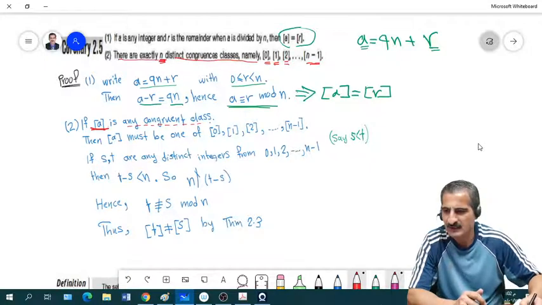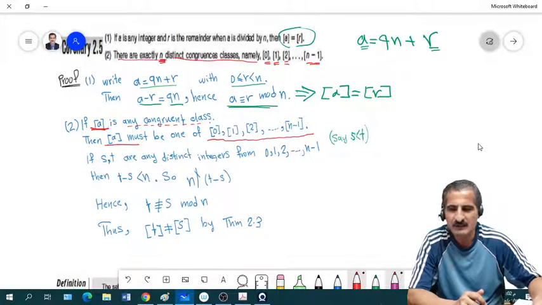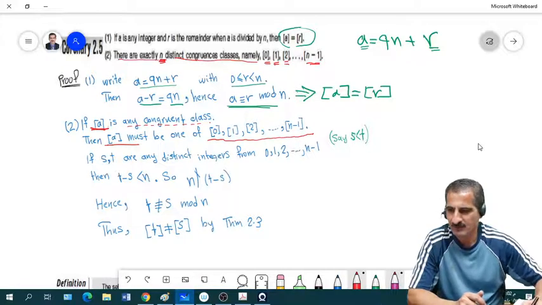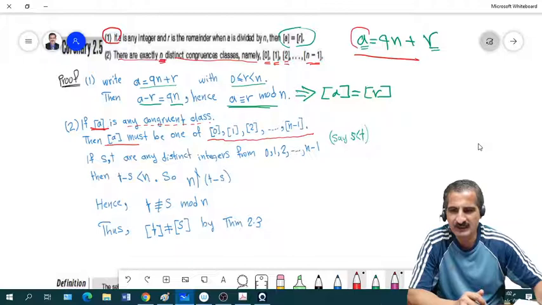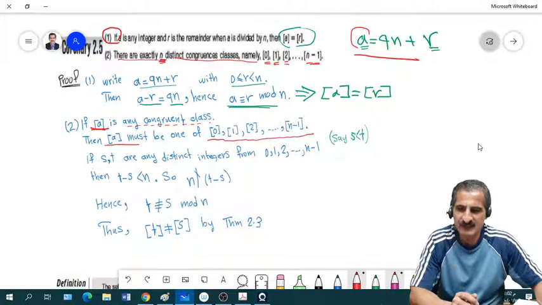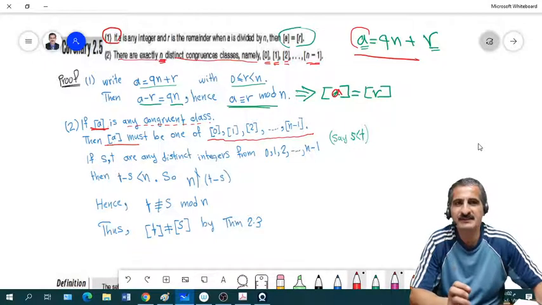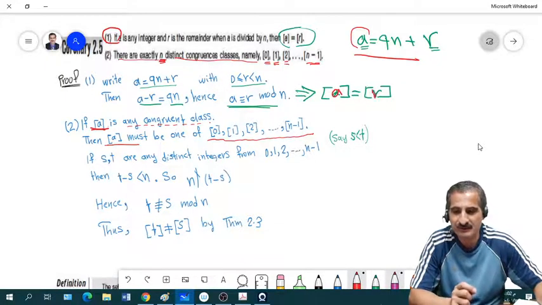Then this equivalence class must be one of these. Why? Because of part 1 here. Give me an a, its equivalence class will be the same as the equivalence class of its remainder.